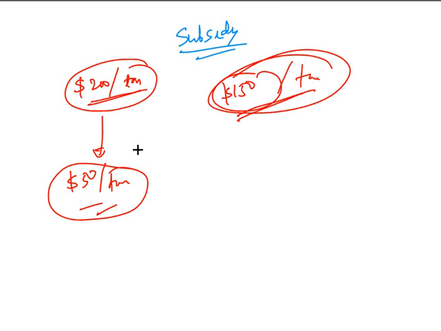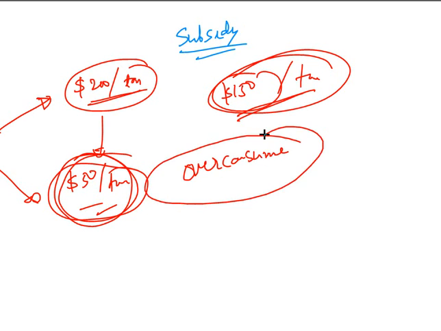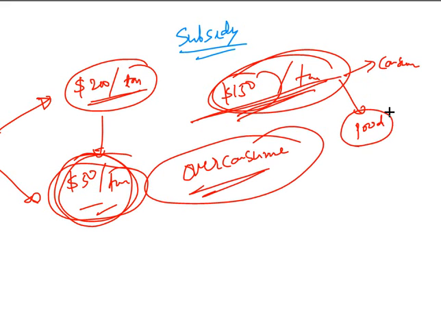So this is subsidizing; they are getting $200 worth of goods at $50. When people get something at a lower price, they do not understand its value, so they will over consume. Now this subsidy of $150, some countries give directly to the consumer, or some give directly to the producer, but the effect is the same.